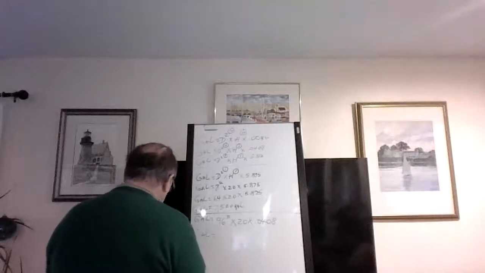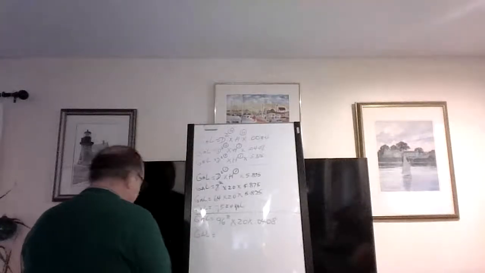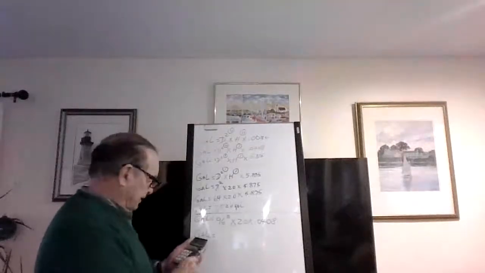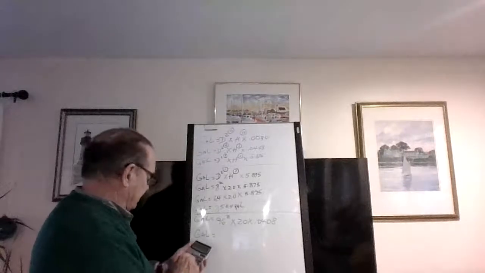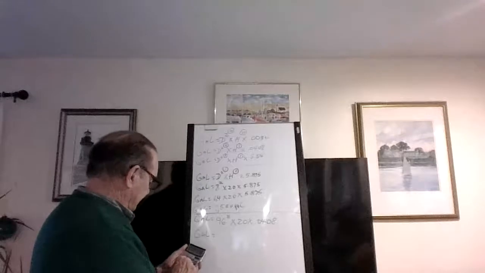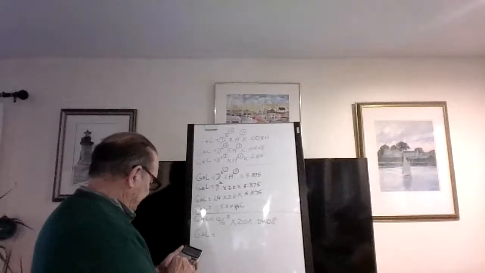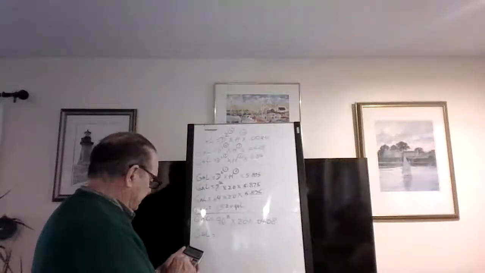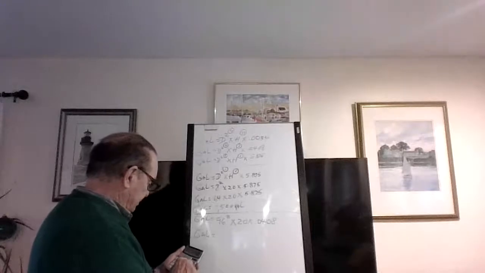All right, I'm going to go right to the calculator, and I hope this works out, because I did not double check this one. So we got 96 times 96.